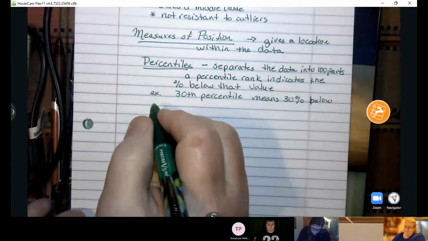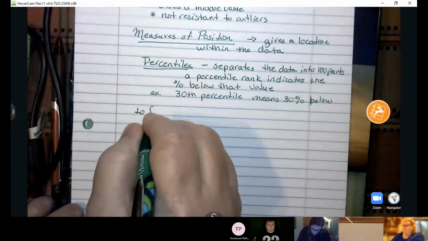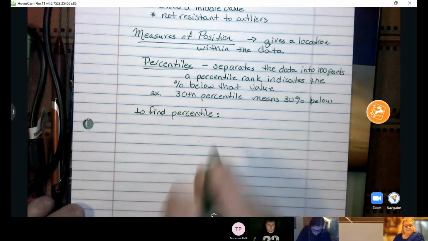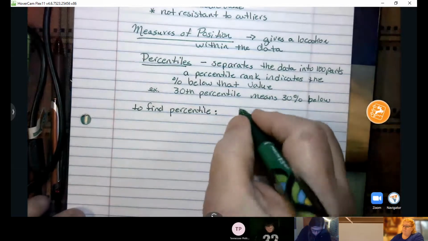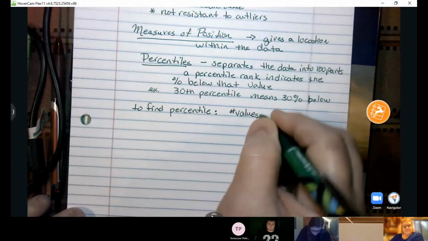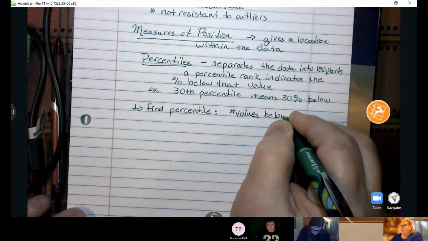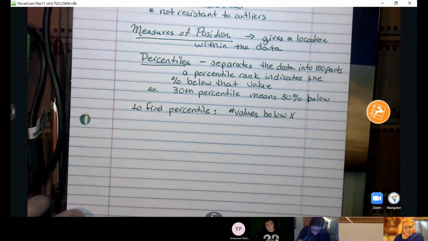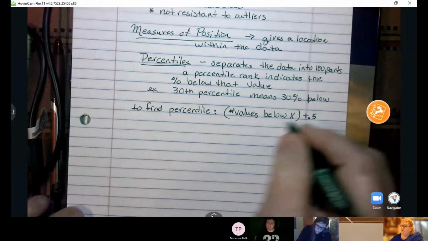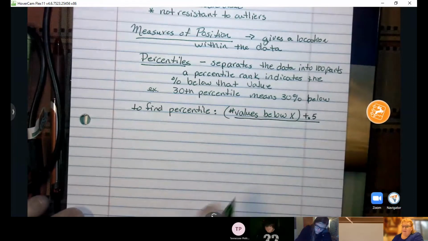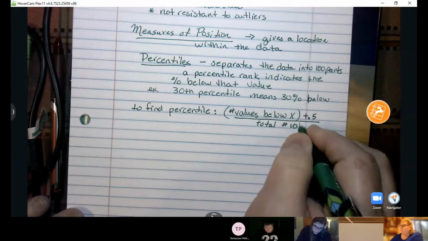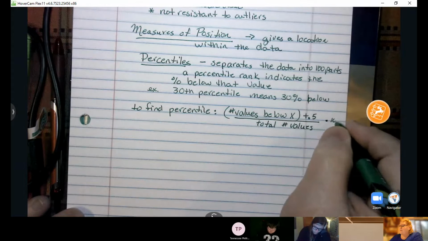To find a percentile, you're going to count the number of values below a particular data value, add 0.5 to it, and divide it by the total number of values. And then we multiply it times 100.